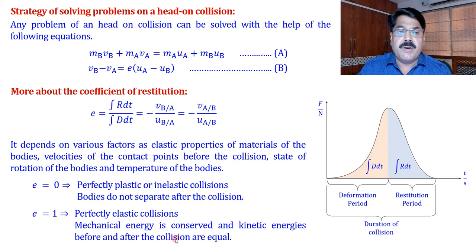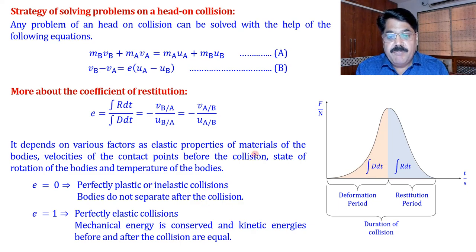Because initially there were no interaction forces between the bodies before the beginning of collision. So there is no question of talking about potential energy. So total mechanical energy is the kinetic energy before collision, and similarly after the collision, the total mechanical energy is the kinetic energy. So during a perfectly elastic collision, there is no loss of mechanical energy, that is kinetic energy.